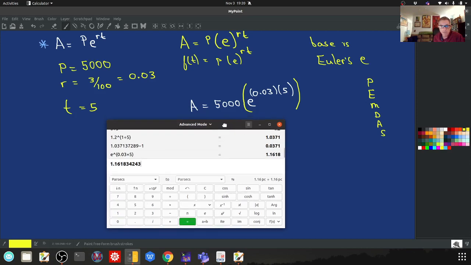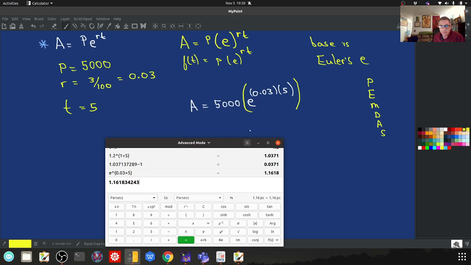So that's what this amount here in parentheses is, 1.161834243, and then I'm going to multiply it by 5,000, and I get $5,809.17.